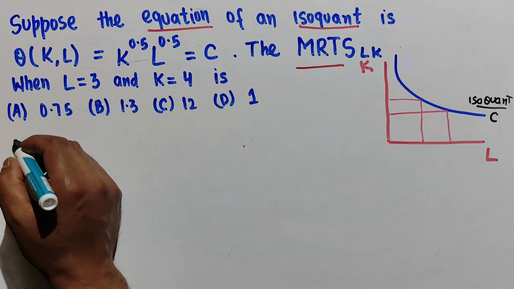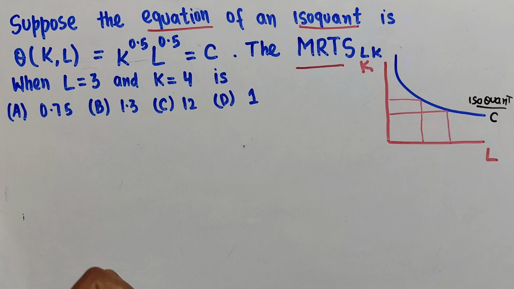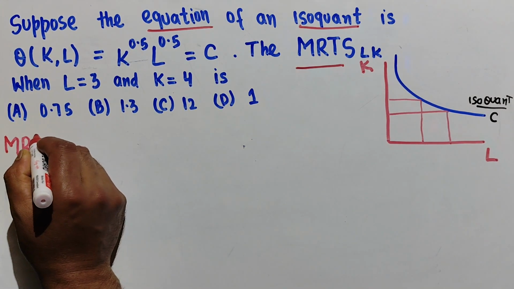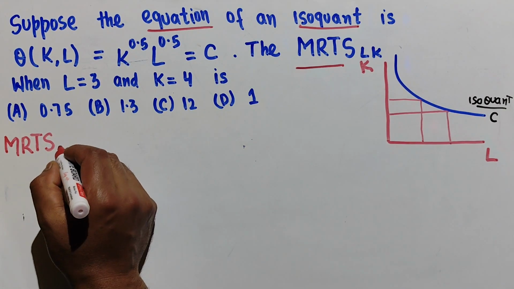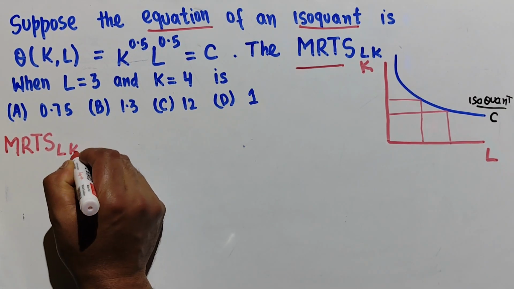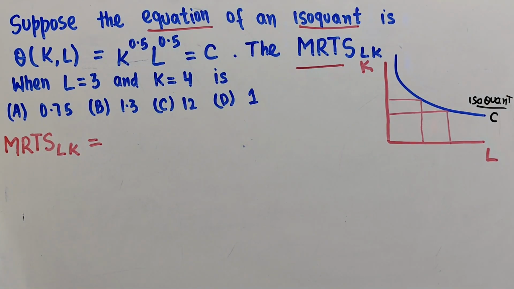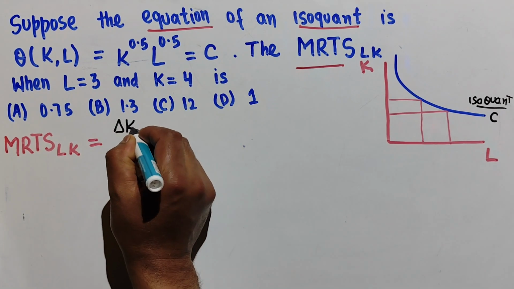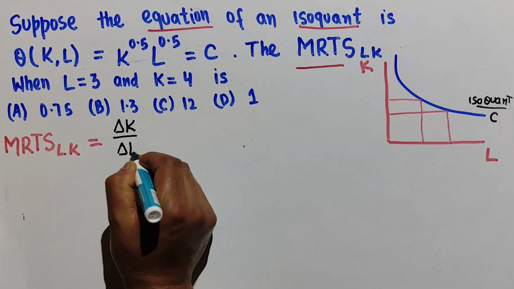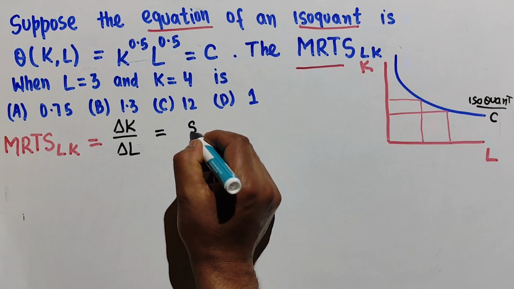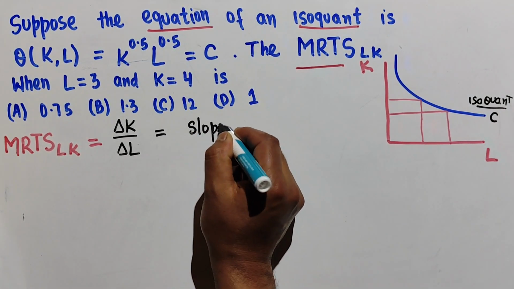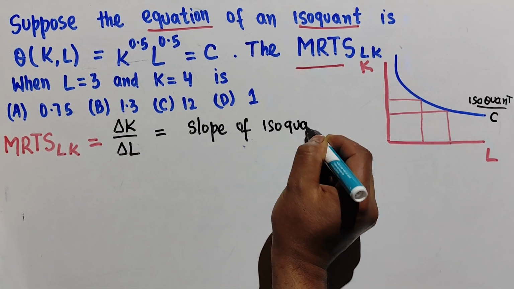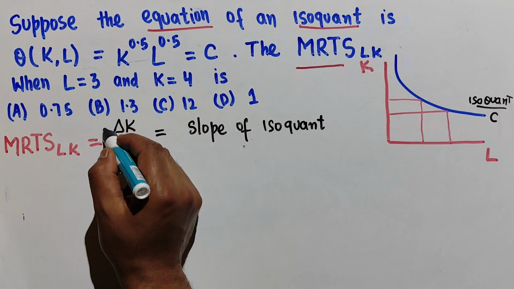Okay, so let's write here, the MRTS, marginal rate of technical substitution of labor for capital, is actually equal to del K upon del L, which is actually the slope of the isoquant.